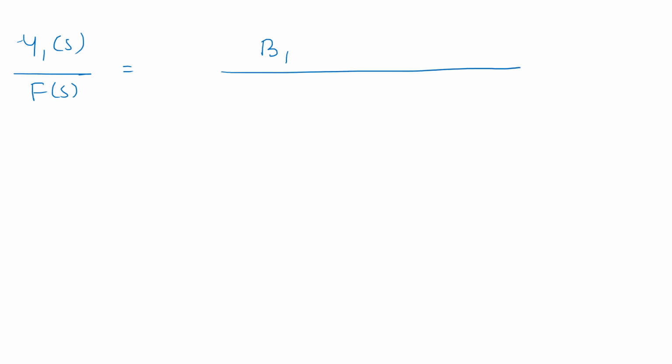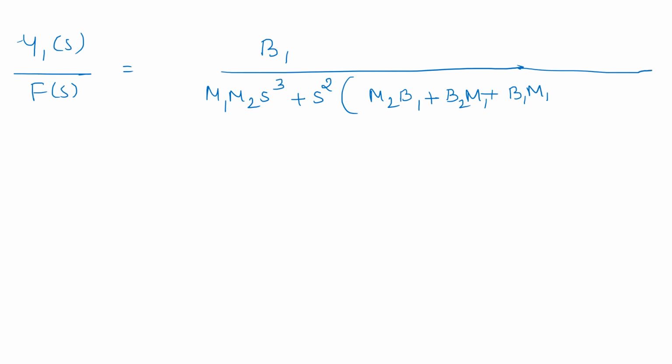So we can write Y1(s) by F(s) is equal to b1 divided by m1 m2 s cube plus s square into m2 b1 plus b2 m1 plus b1 m1, plus s into k m2 plus b2 b1, plus a constant which is k into b1 plus b2.